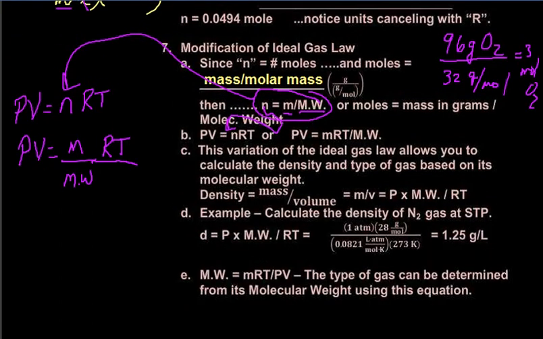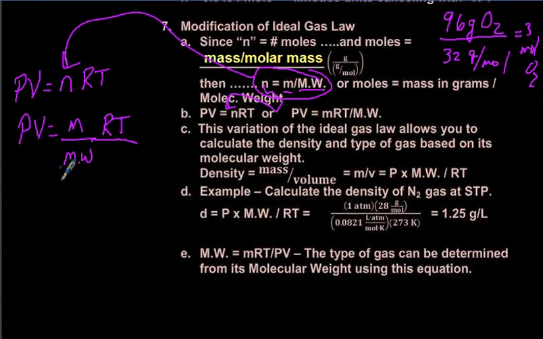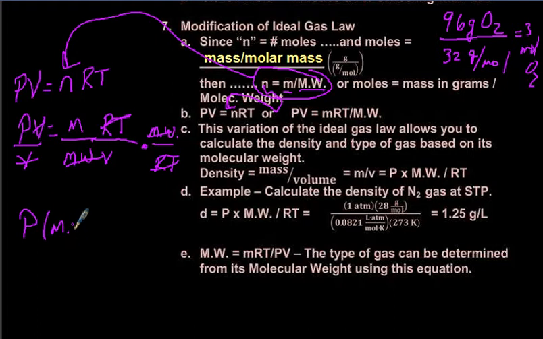If we manipulate this to get mass over volume, we multiply both sides by molecular weight over RT, and then divide both sides by V. Then we would get pressure times the molecular weight over RT equals our mass divided by volume, but mass divided by volume is our density, and that can give us the density of our gas.